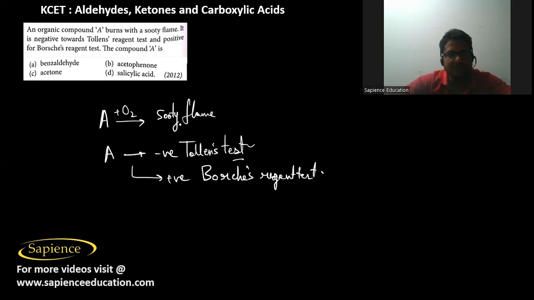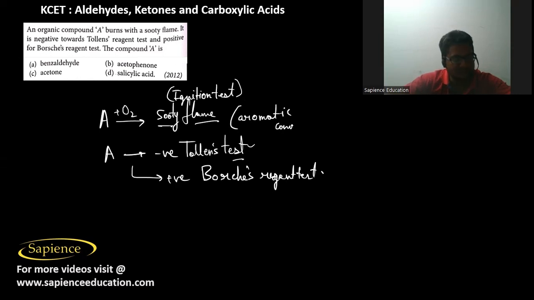Since it burns with a sooty flame, in the ignition test it gives a sooty flame. It means that it is an aromatic compound.